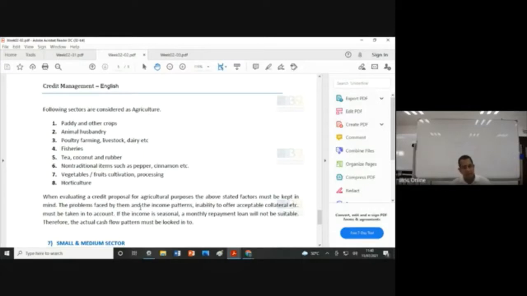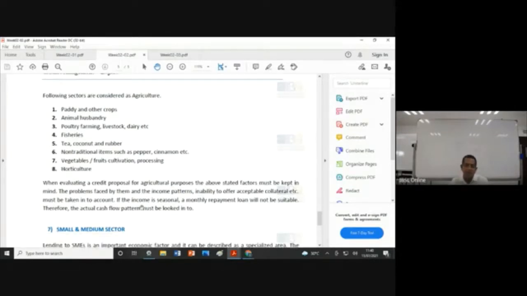You give money for a multi-day boat. Multi-day boats normally come on shore every 45 days or 2 months. So if you expect the owner to pay monthly, we will have issues. So cash flow should be matched.